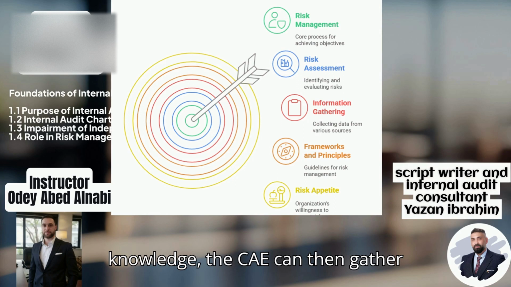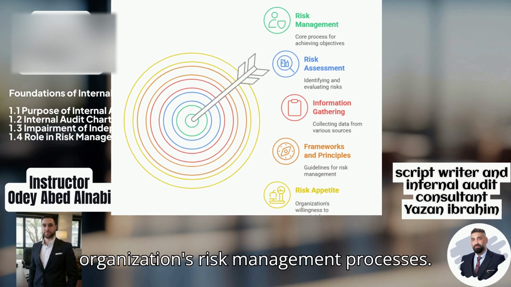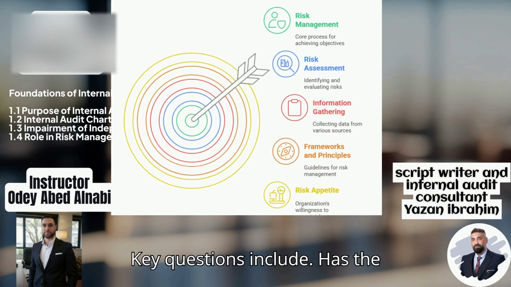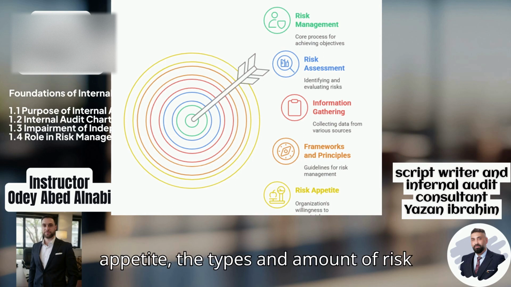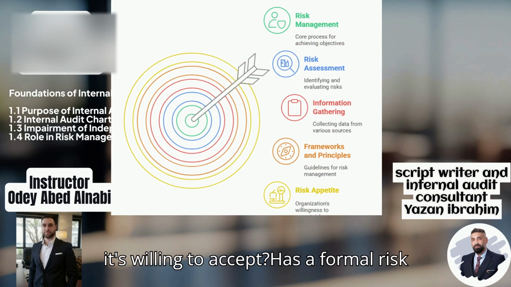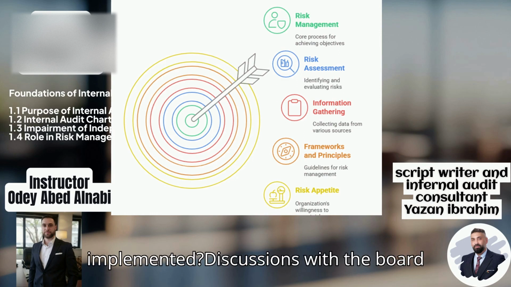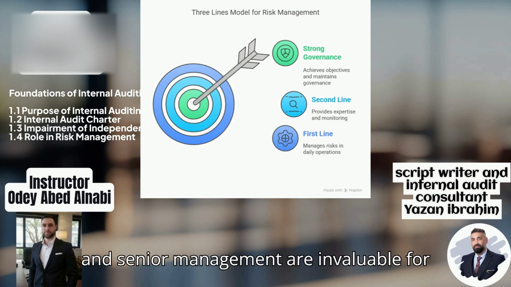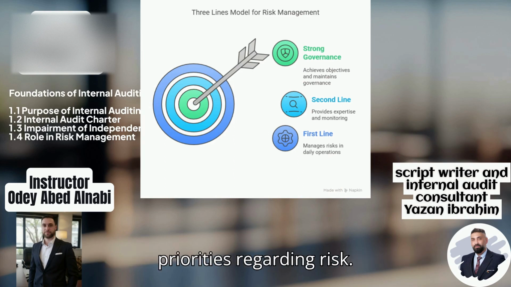With this background knowledge, the CAE can then gather information to assess the maturity of the organization's risk management processes. Key questions include: has the organization clearly defined its risk appetite, the types and amount of risk it's willing to accept? Has a formal risk management strategy or framework been implemented? Discussions with the board and senior management are invaluable for understanding their perspectives and priorities regarding risk.